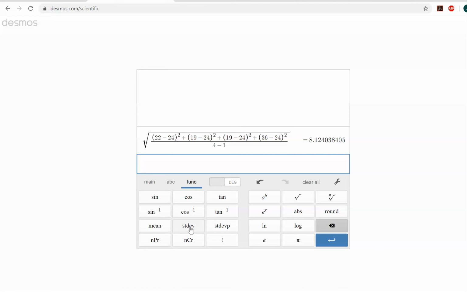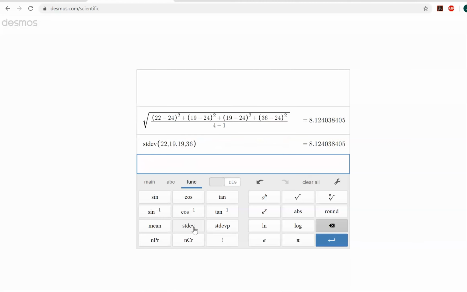But if you need just a quick standard deviation, you can use the Desmos Scientific Calculator, click standard deviation and it'll open up these brackets, and then all you have to do is type in the data. So with our data set 22, 19, 19, 36, you can see that same value there. If you need a quick standard deviation, that's a great way to do it.